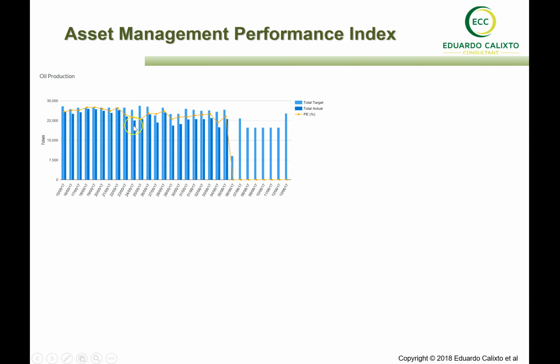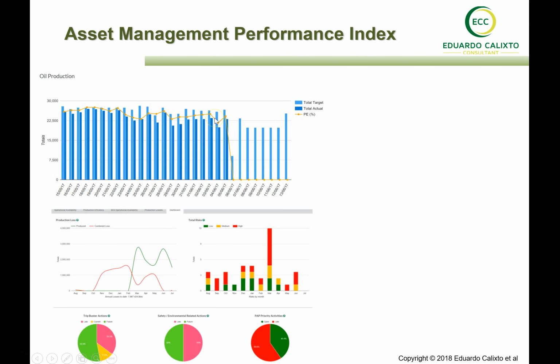This one, for example, is related to oil production, so we can check the production efficiency achieved for each day, and in the end we have a cumulative one for each month and a cumulative one for the year.